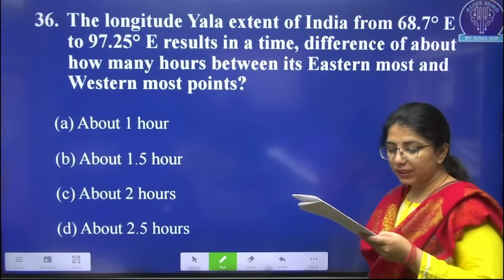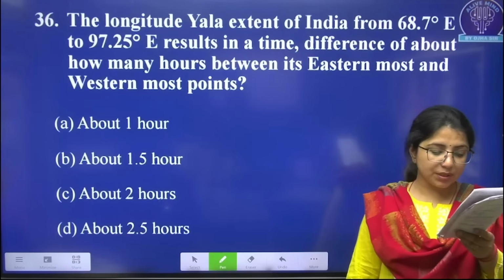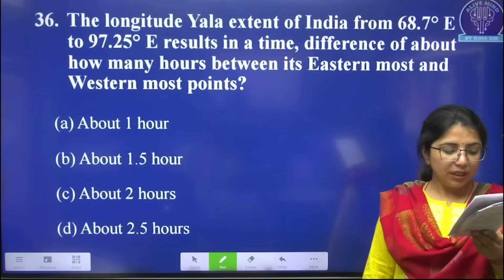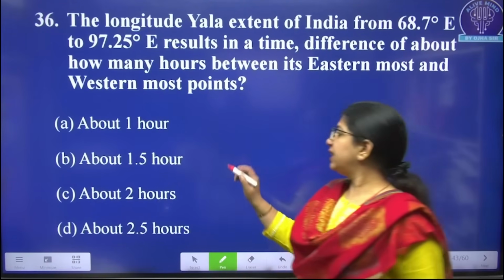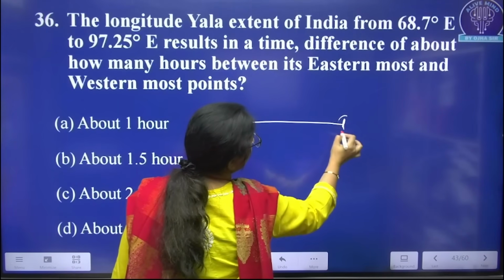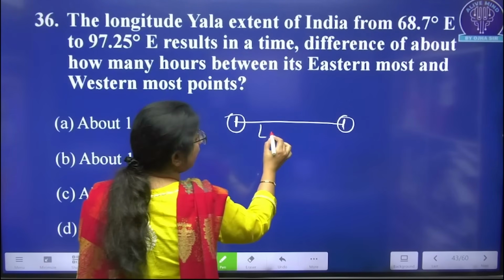Then is question number 36. The longitudinal extent of India from 68.7 degree east to 97.25 degree east results in a time difference. What they are asking in this is, we have a territorial extent of this many kilometers with respect to latitude.